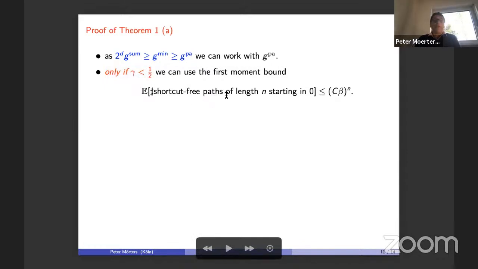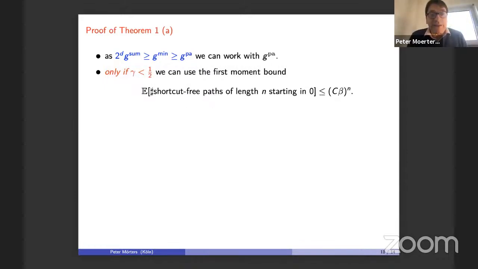And the reason why this strategy doesn't work is because this expectation is dominated by paths that use vertices with extremely small mark and therefore very, very large degree. And these have so large degree that there are many paths going through them, and that dominates the expectation.